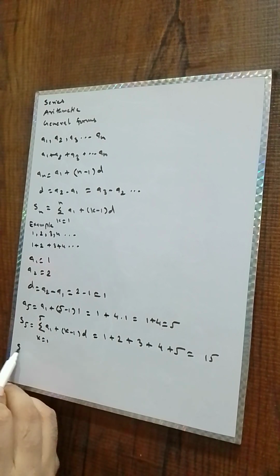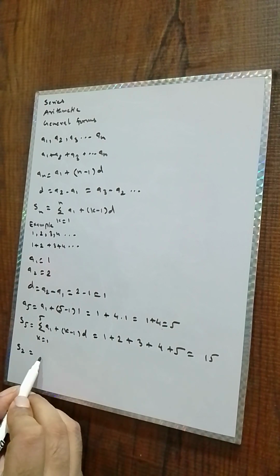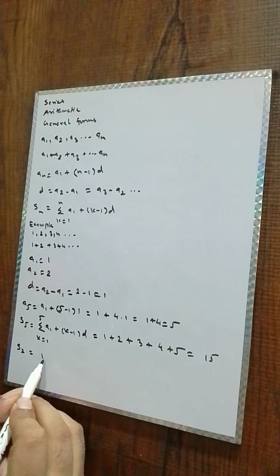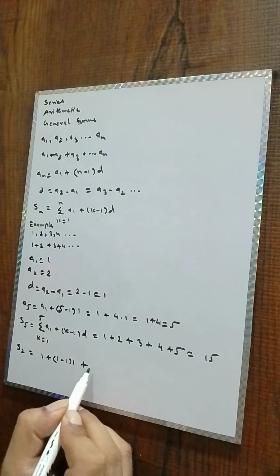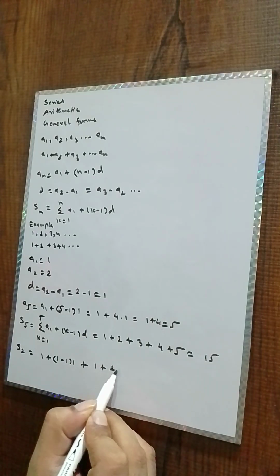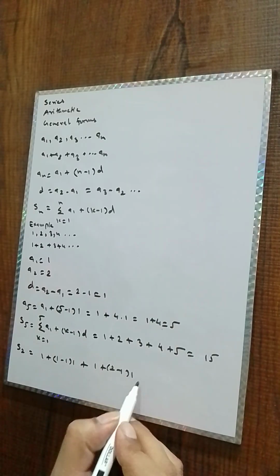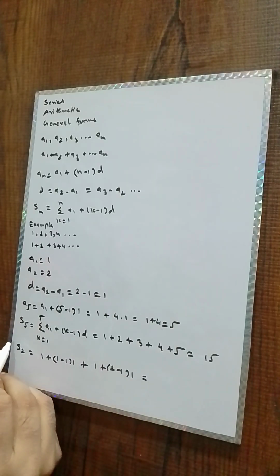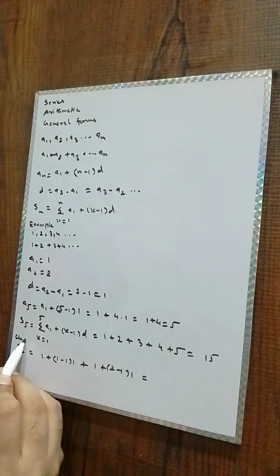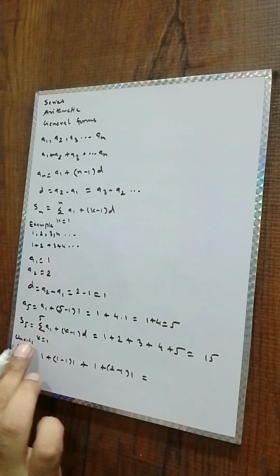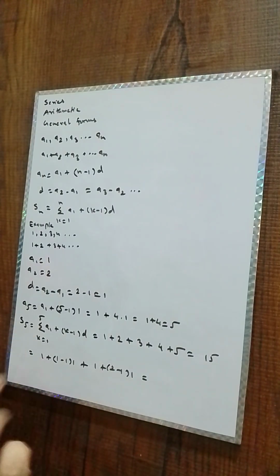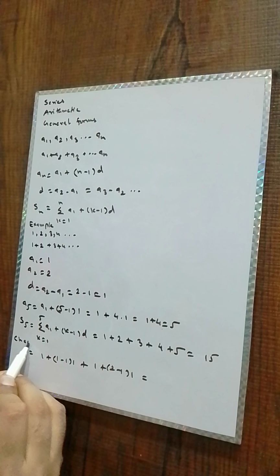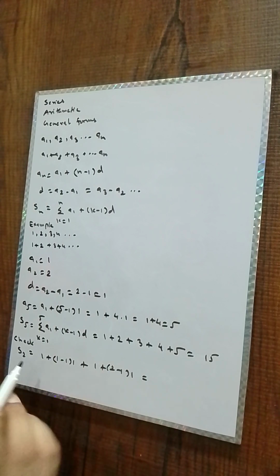Okay, for example, sum up to n terms is 1 plus 1 minus 1 into 1 plus 1 plus 2 minus 1 into 1. This we're just checking the form for the summation.